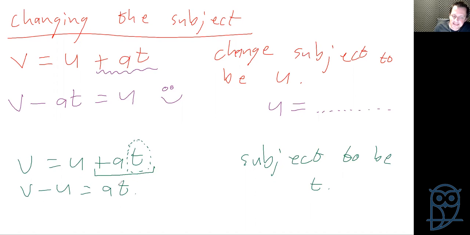And then we're going to get T by itself. Essentially, we can treat A just like a normal coefficient, so I'm going to have to divide by A. So I divide this whole thing by A and that whole thing by A. Please note, I'm dividing the whole side, not just the V, not just the U, but both of them.